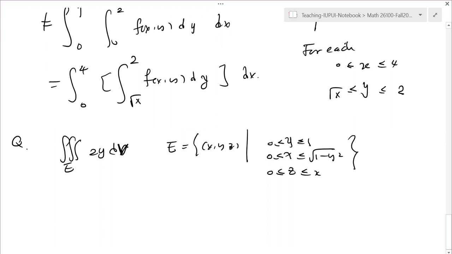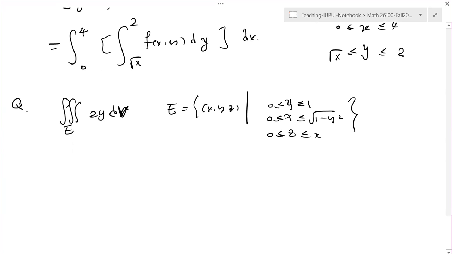All right. So how do we set up an iterated integral? We have to set up an iterated integral to solve this triple integral. You can write this down directly. So y is between 0 and 1, so that's dy.